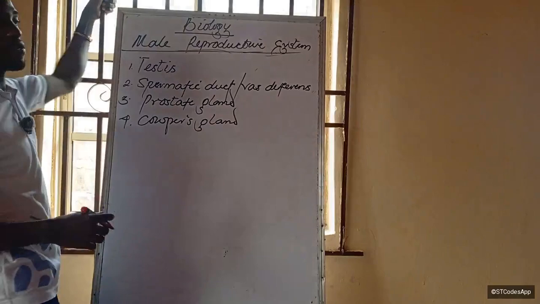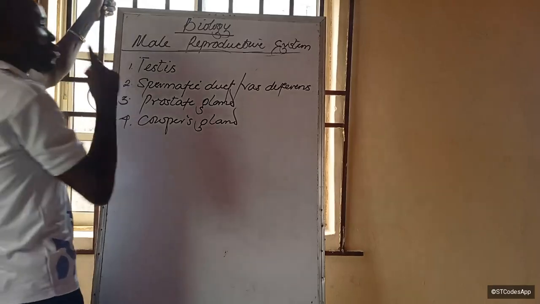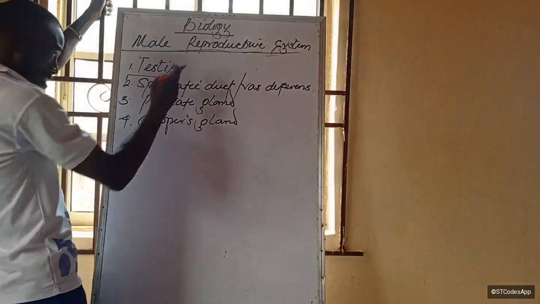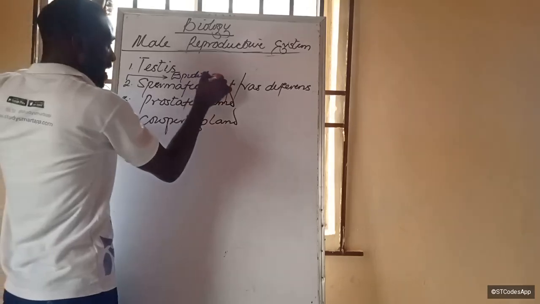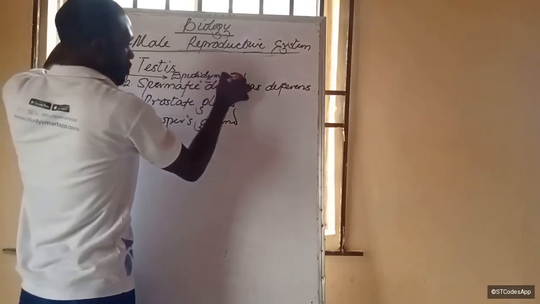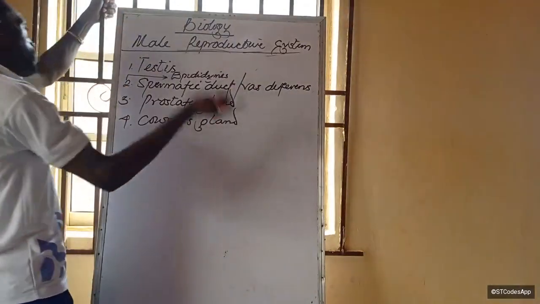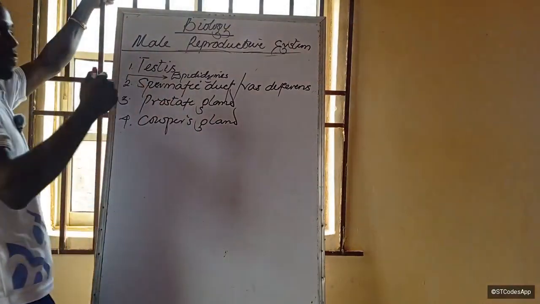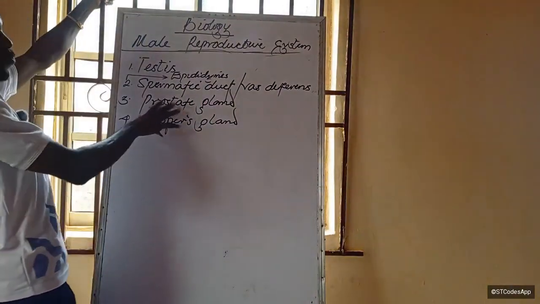The testis is the one that manufactures the sperm. The sperm is stored temporarily in a part of the testis called the epididymis. And from this epididymis, once the sperm is needed for fertilization, it moves through the vas deferens, goes through the prostate gland, then through the Cowper's gland.